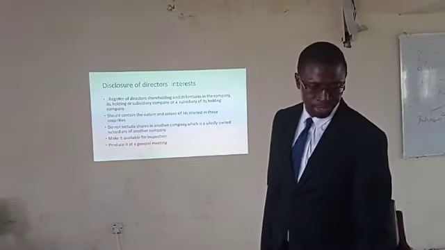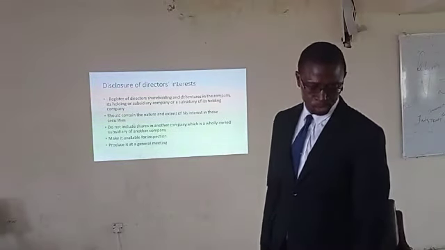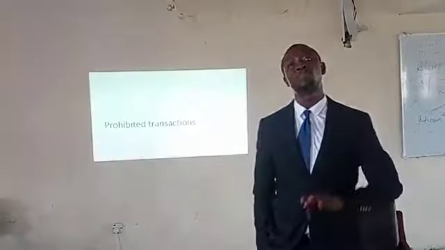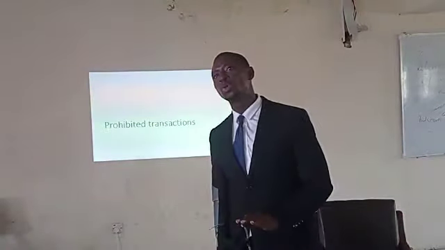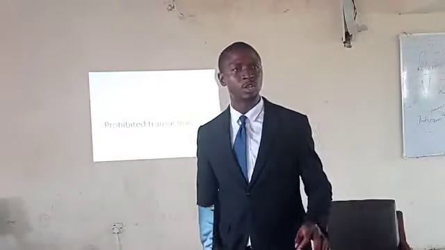I would like you to go and read disclosure of direct interest. There's one thing I want you to note in CAMA: disclosures and approvals. I have already pointed out a number.